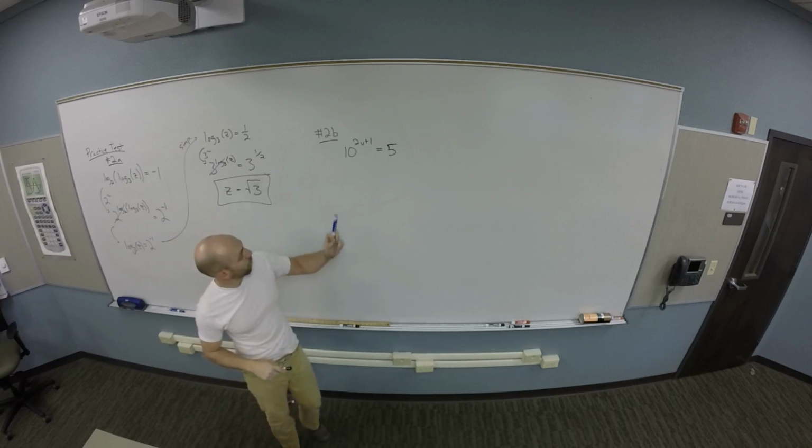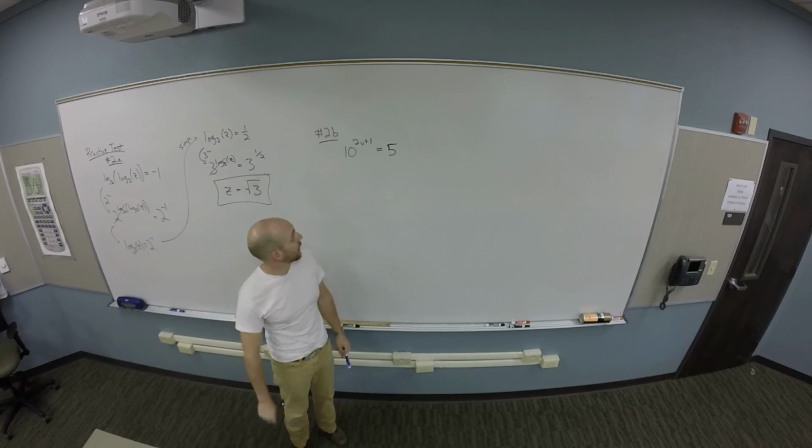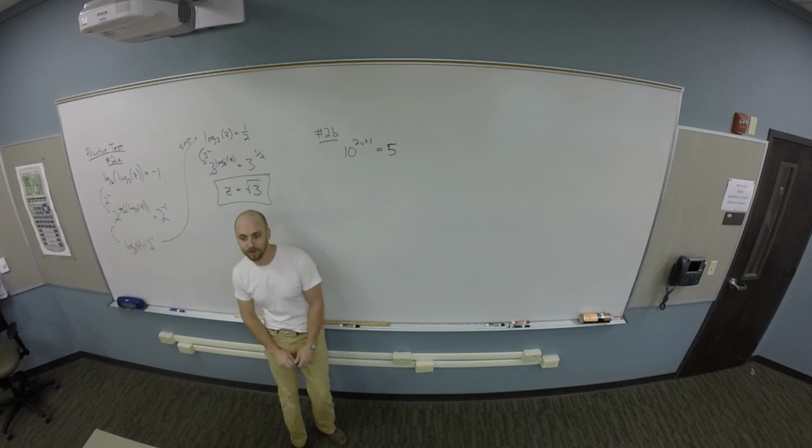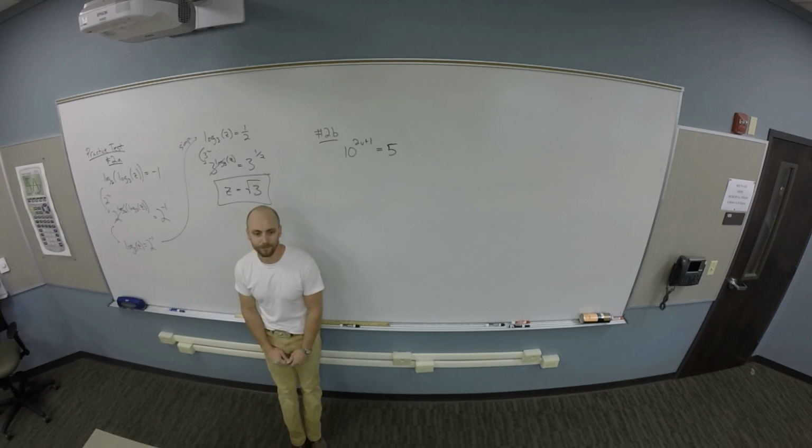Okay, so once I'm looking at 10 to the quantity 2b plus 1 is 5, what do I do? I've got to log it somehow, right? And then reasonably, we're wondering, do we do base 10 or natural log? Which is the best?